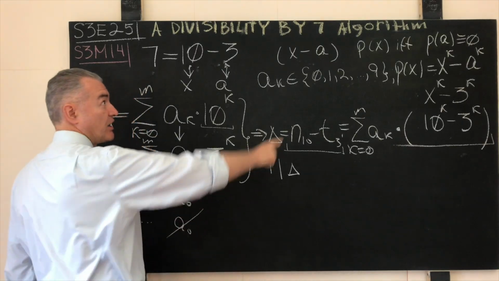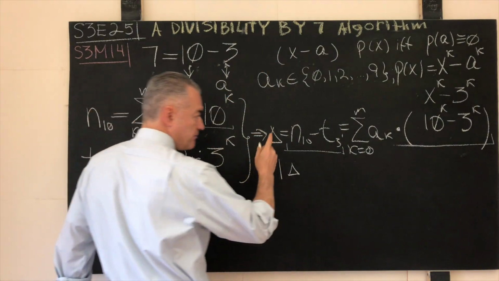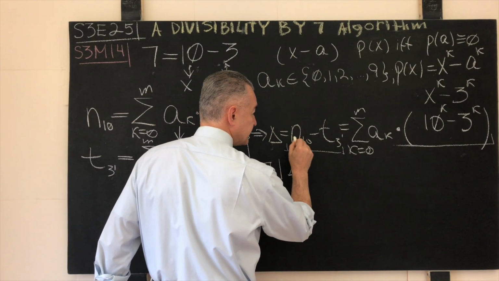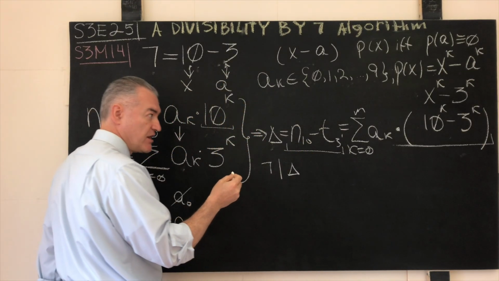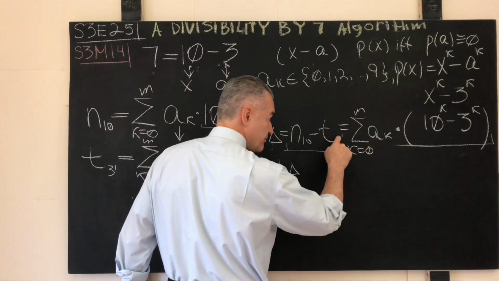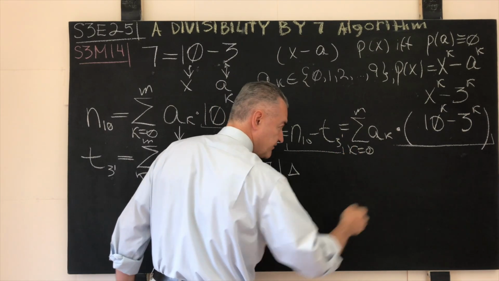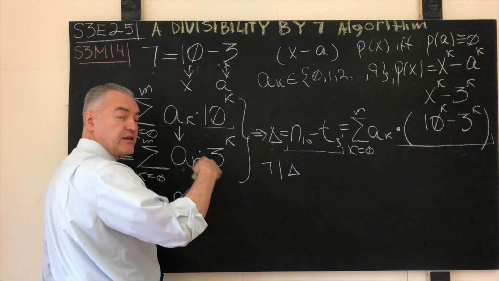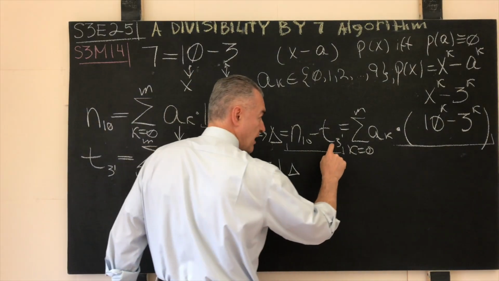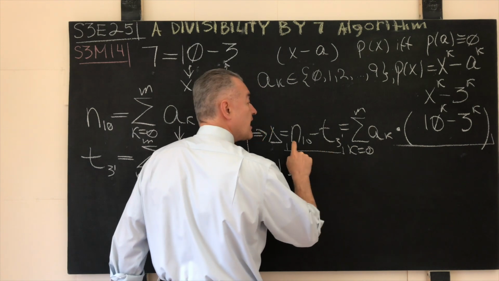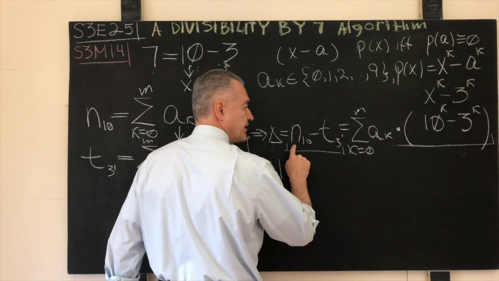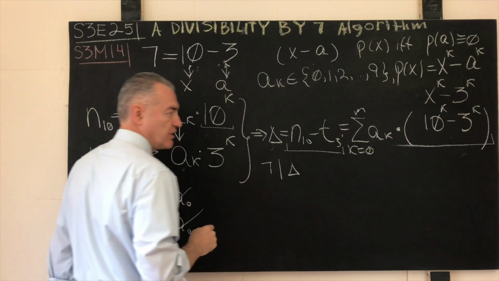And here is our algorithm. That means that if number n10 is or is not divisible by 7, then the number t3 prime is or is not divisible by 7, and the other way around. If the number t3 prime is or is not divisible by 7, then the number n10 is or is not divisible by 7. And what does it mean?